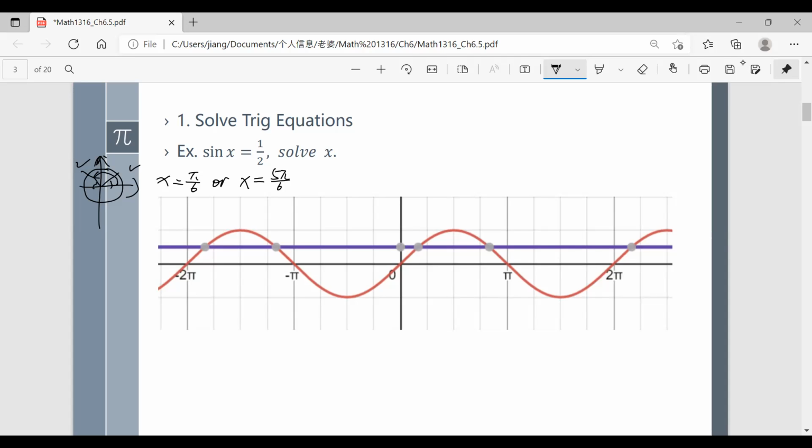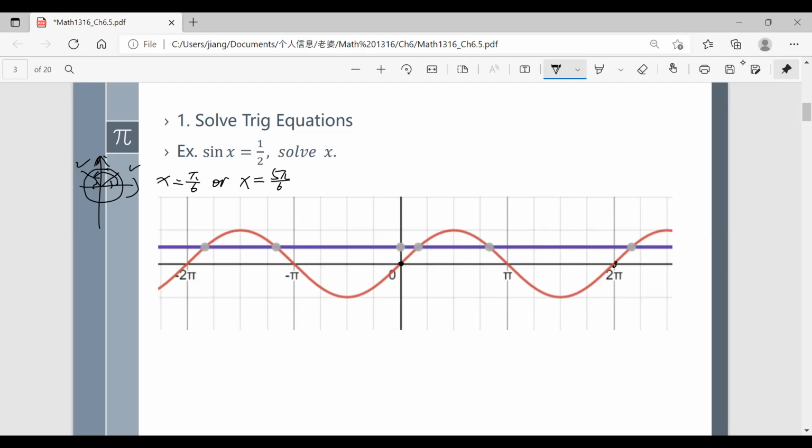That means in one full cycle from 0 to 2 pi, we have 2 intercepts, 1, 2. We can find them from the knowledge we have learned before: x equals pi/6 or x equals 5 pi/6.